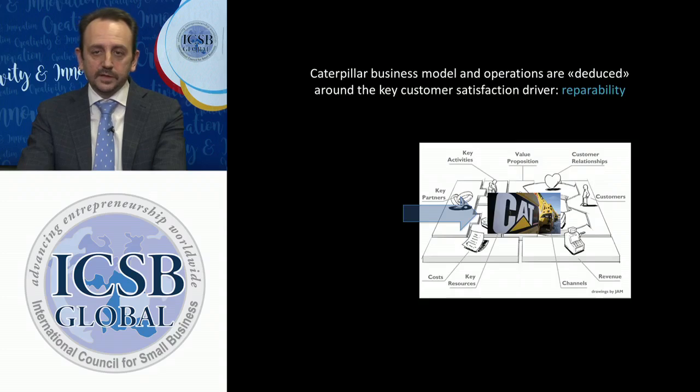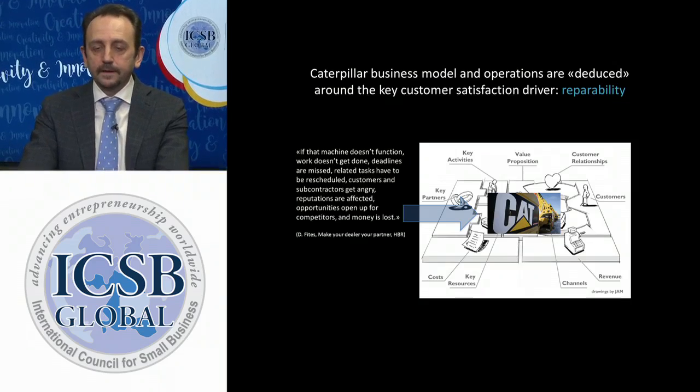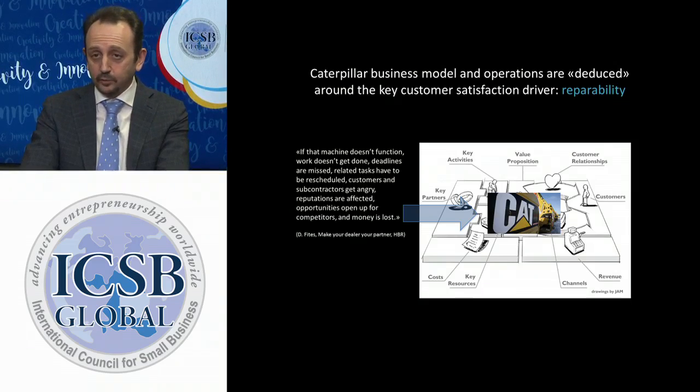You might know this company, Caterpillar. Caterpillar is one of the leading companies in the industry of construction and mining equipment. Their value proposition is anchored on one basic fundamental satisfaction driver, which is repairability. And why is that? Because in this type of business, if you don't repair the machine at the very moment, or very quickly at least, when it has issues, you are going to incur big losses.